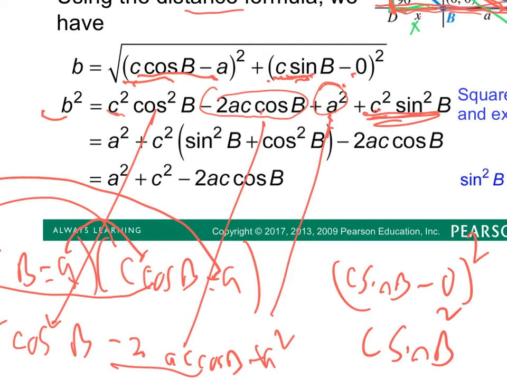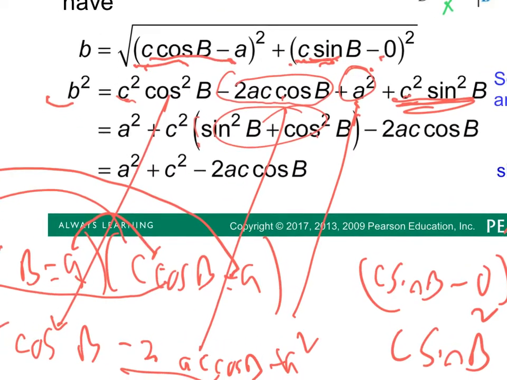Factor out the c squared. Now you have inside this parenthesis sine squared B plus cosine squared B. Does that sound familiar to you? You should all be yelling out, that means 1. Sine squared plus cosine squared is 1. So what are we going to do with that?